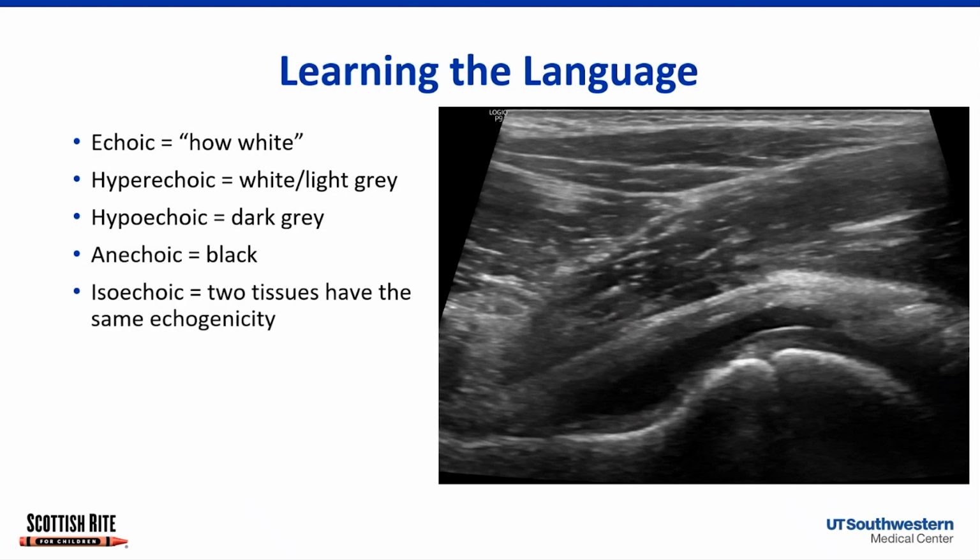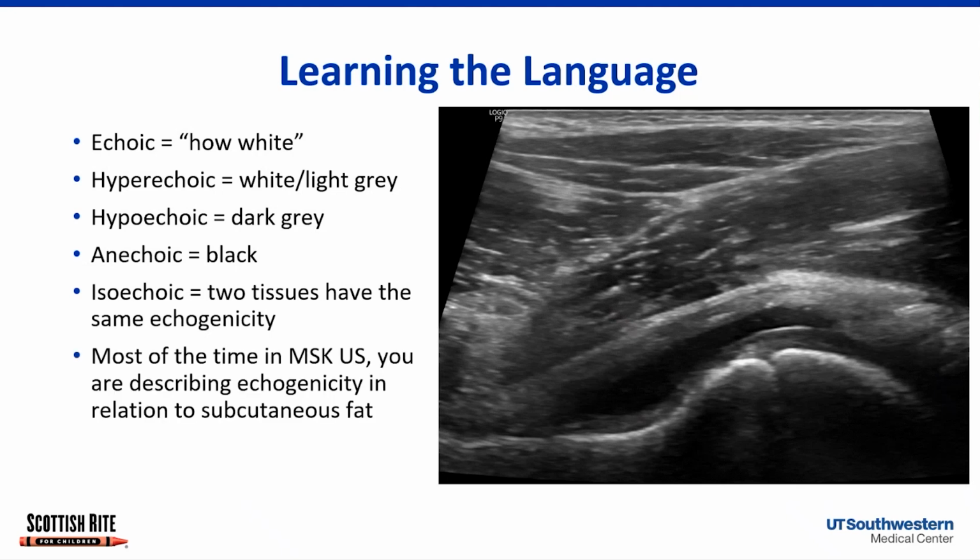And then we can say something is isoechoic. So when we're comparing two things, like this structure is isoechoic to this other structure, that means they have the same echogenicity, all right? And then most of the time when we're comparing something, saying, hey, this is hyperechoic or this is hypoechoic, in MSK ultrasound, we're comparing it to the subcutaneous fat level, okay?